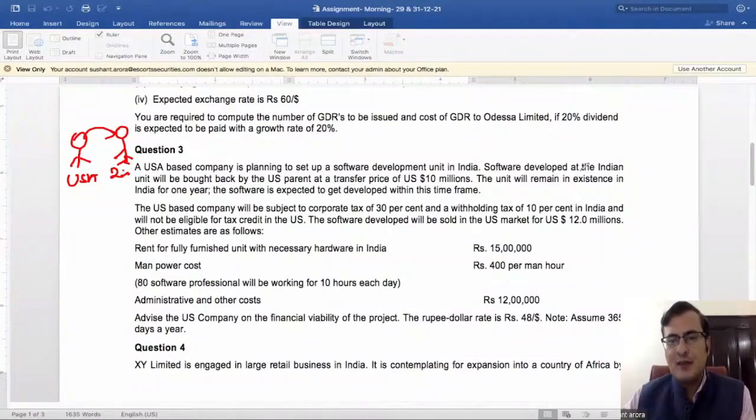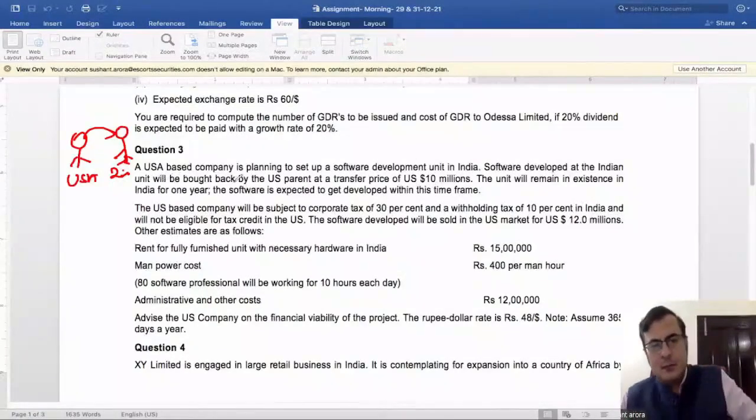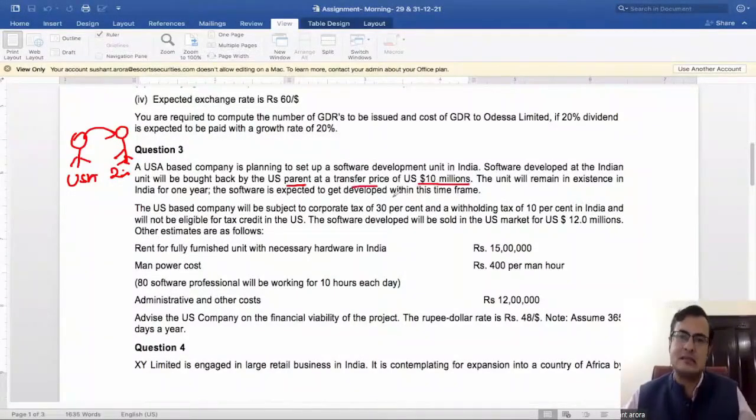Okay, software developed at Indian unit will be bought by the US parent at a transfer price of 10 million. So whatever the software will be developed by the Indians, it will be purchased by the US company in 10 million US dollars. The unit will remain in existence for about only 1 year.